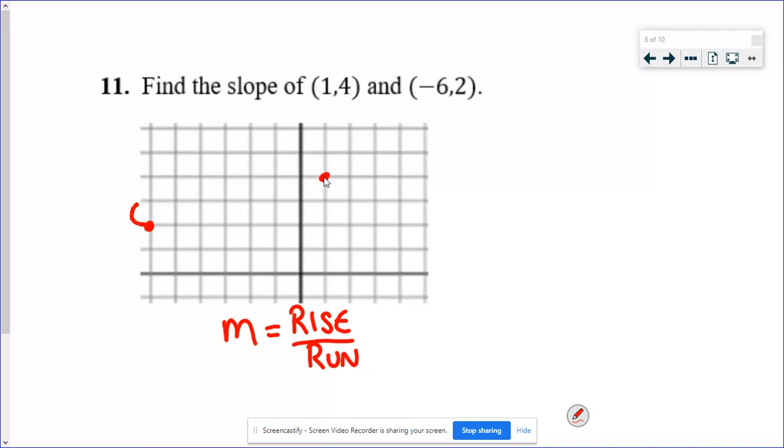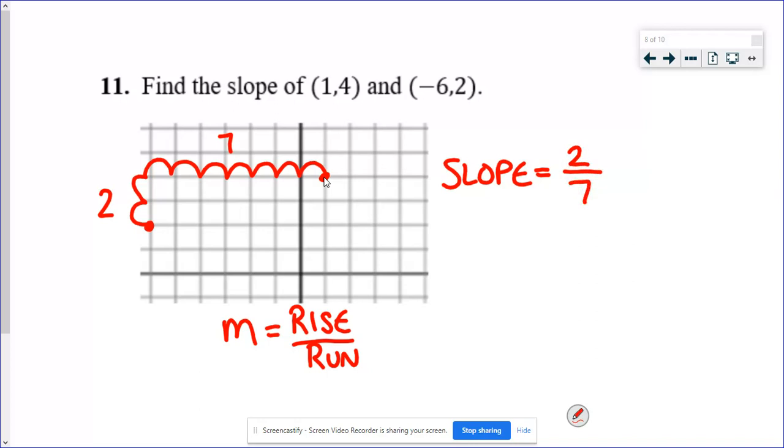I'm going to go up 1, 2, and then I go sideways 1, 2, 3, 4, 5, 6, 7. Okay, so that's telling me that my slope is going to be 2 over 7. It's going up 2 and sideways 7.